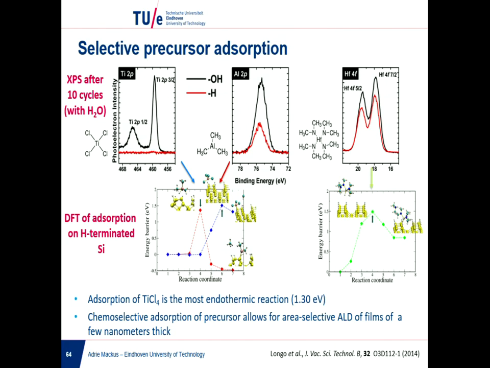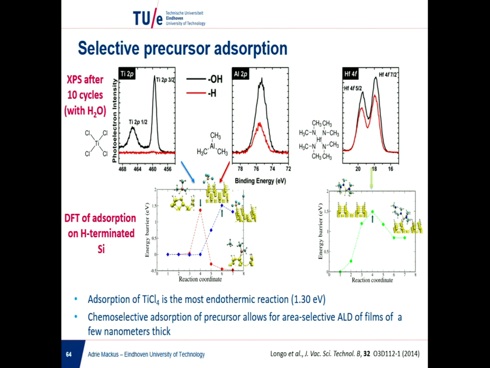So what we learned from this study is that for some precursors you can design a selective ALD process by just exploiting differences in surface chemistry. But also for some other precursors it doesn't work that well.